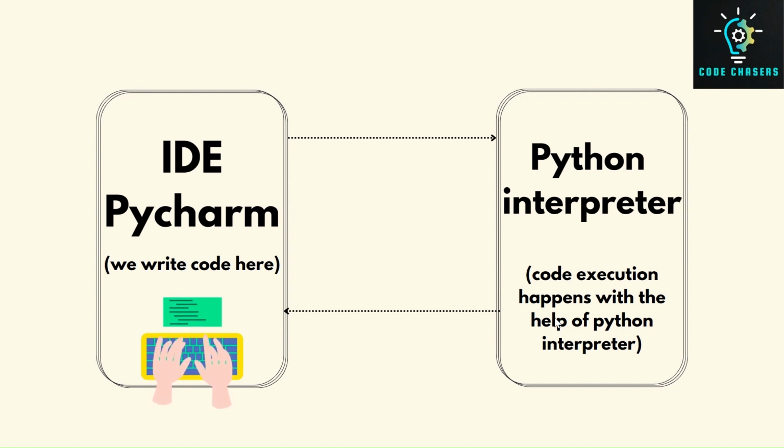So with the help of the Python interpreter, the code will be executed and the output will be shown on the console of PyCharm. I hope you found this video useful in installing Python and PyCharm. So why late, code chasers? Install the Python interpreter and IDE PyCharm on your system and start your journey in coding Python with our channel.